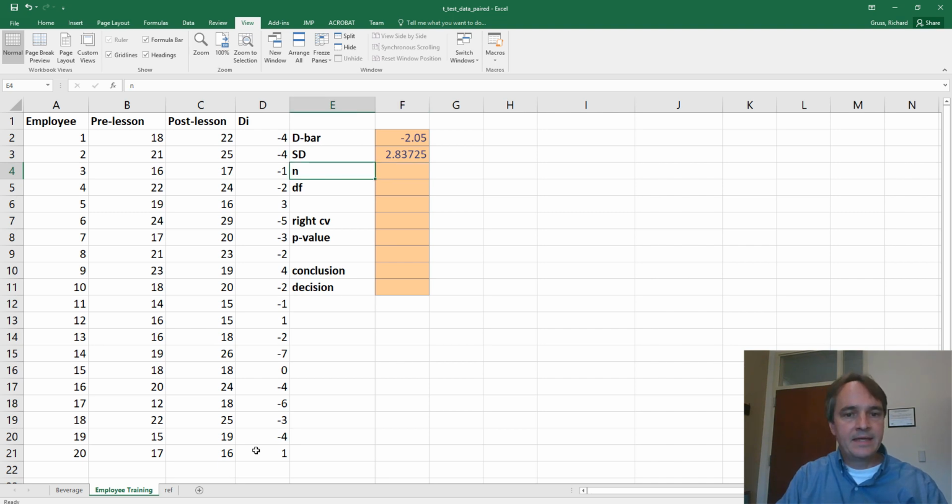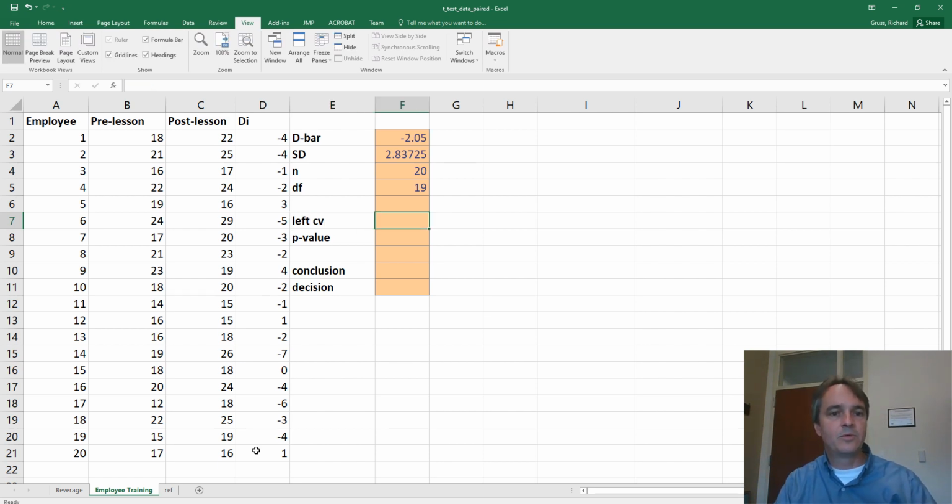So what is n? We already know that's 20, so our degrees of freedom was 19. We actually only need a left critical value here, because our alternative is interested in rejecting something out to the left.